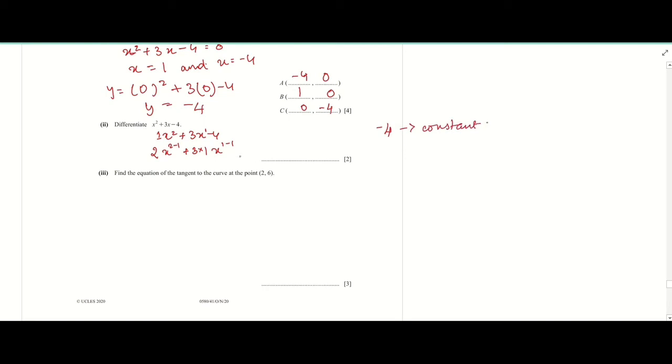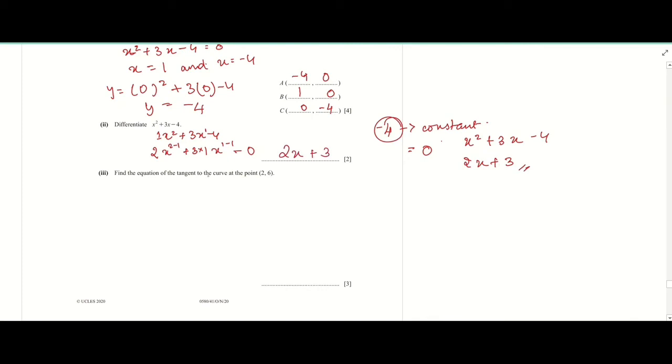This is very important for you to know: if you differentiate a constant, your value will be 0. So it's just for practice. As you go on practicing differentiation, you'll be able to do it mentally and directly write 2x plus 3. That's it. This is going to be 0, right? So this is your derived function, 2x plus 3.